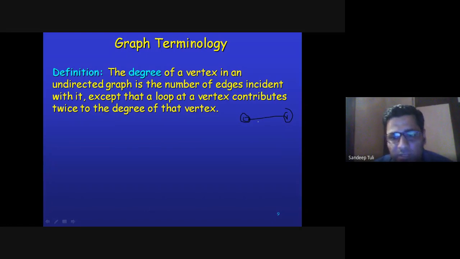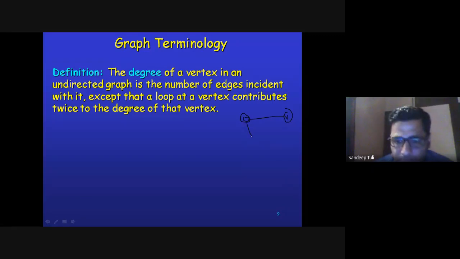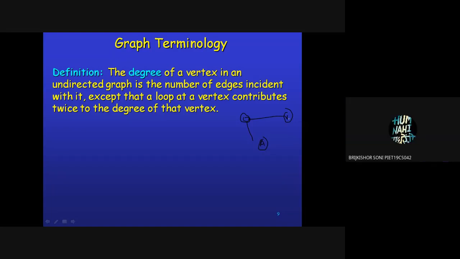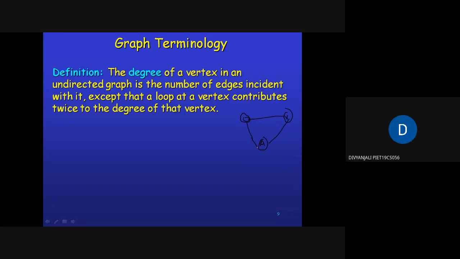Suppose these are two vertices O and V. What could be the degree of O? 1. Now what could be the degree of all these three vertices O, V and A? 2. Why 2?